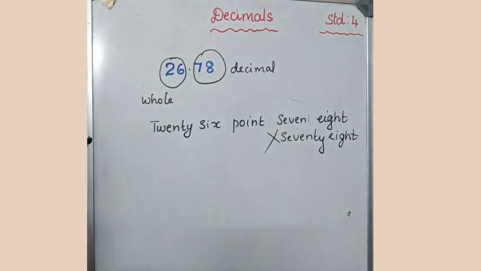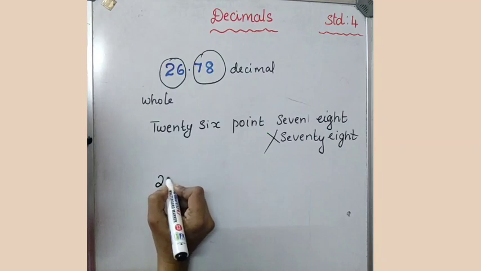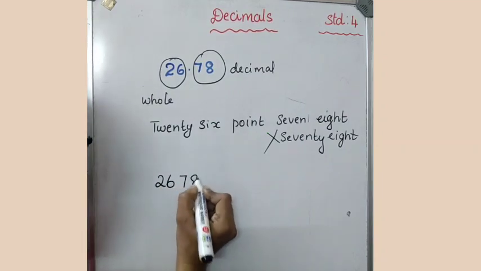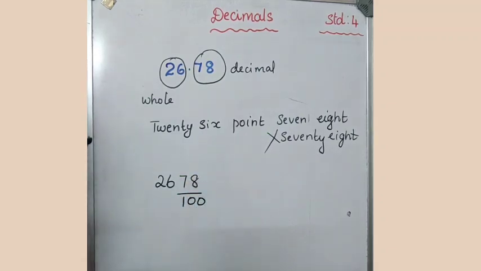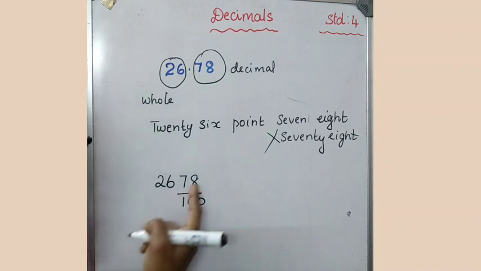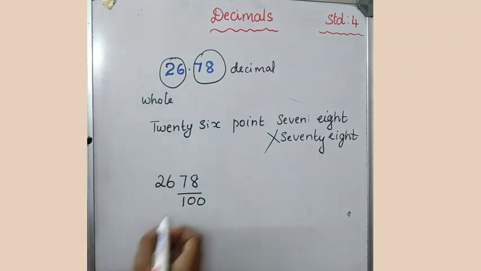How does this decimal part come? We know that in a mixed fraction or mixed number there is a whole number part and a fractional part. Look at the fraction 78 by 100. How is this fraction written? Here there are 2 zeros, so there will be 2 decimal places.